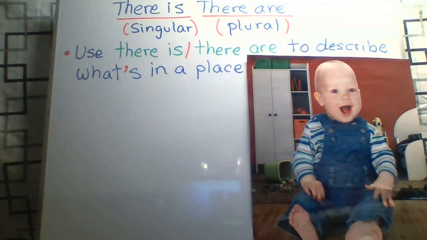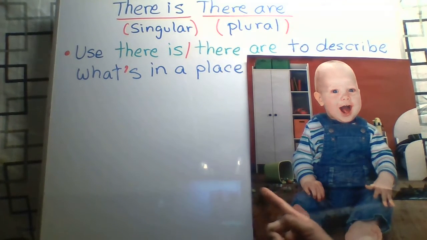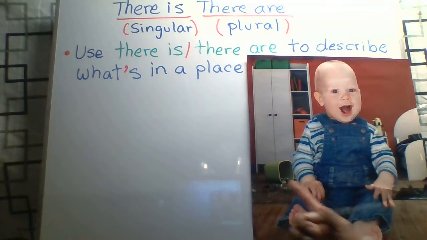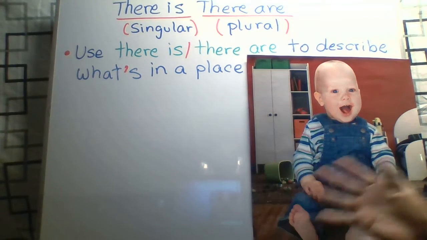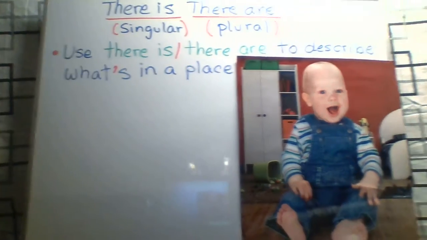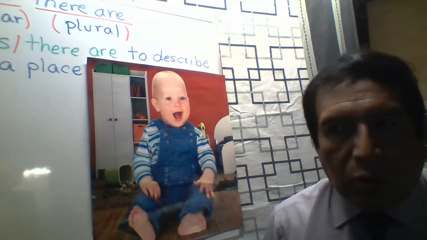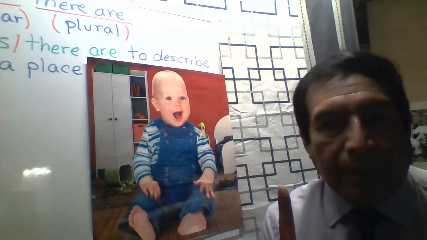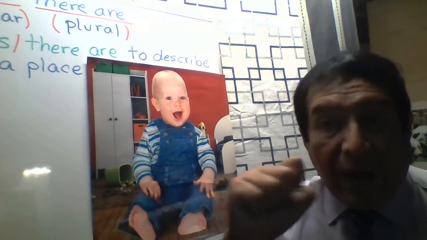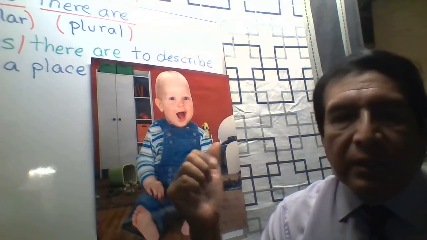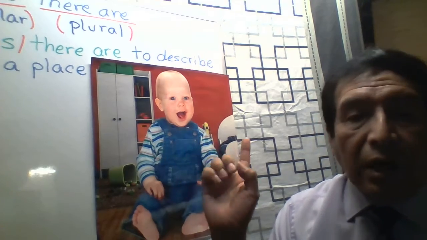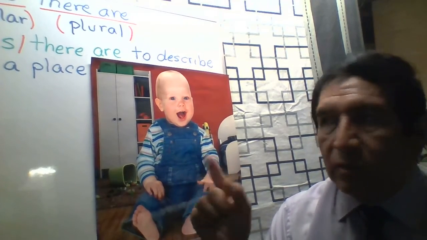And then you can see there are some toys on the floor, or on the picture. That's the way to express it orally. But let's write about the description of this picture.